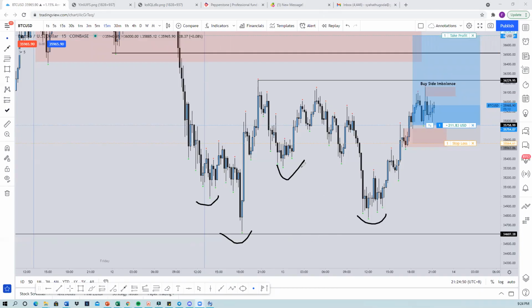So this is not ideal, but it can happen as well, especially when you have an imbalance like that. When you have an imbalance like that, it's very important to go back to the lower time frame and see where can I refine it, how will it react, and all of that. Or alternatively, you can wait for it to come to that spot, react, break in market structure, and enter somewhere here. Same thing.